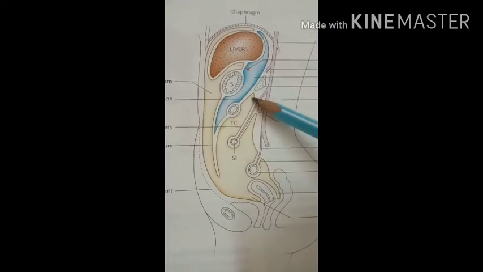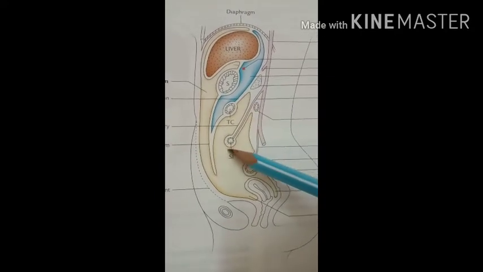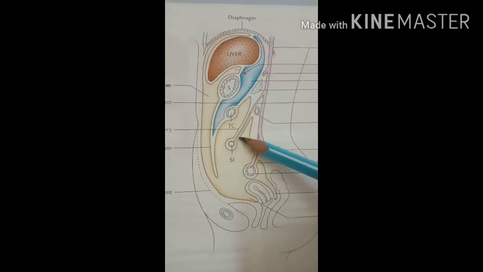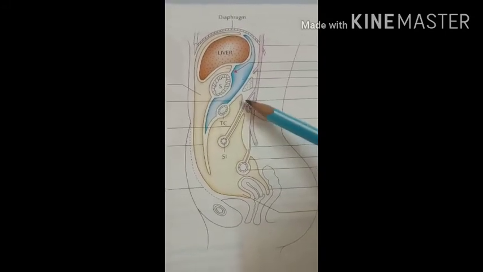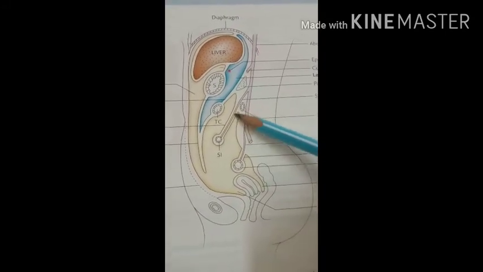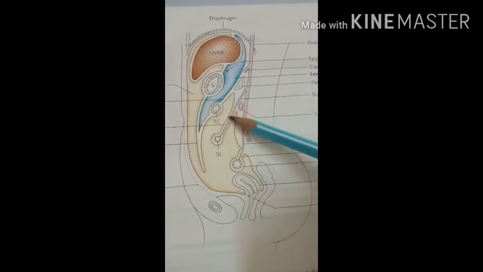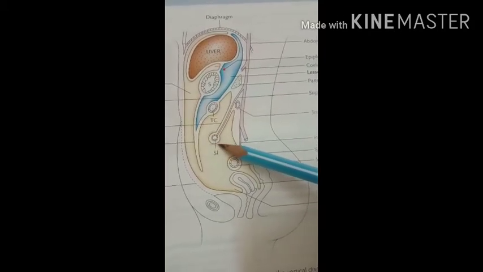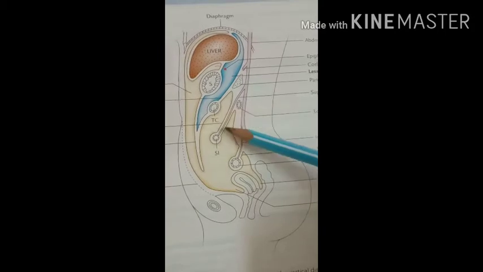It is totally invaginated by the peritoneal fold, and posteriorly it is attached to the posterior abdominal wall. This fold which covers the small intestine is called the mesentery.